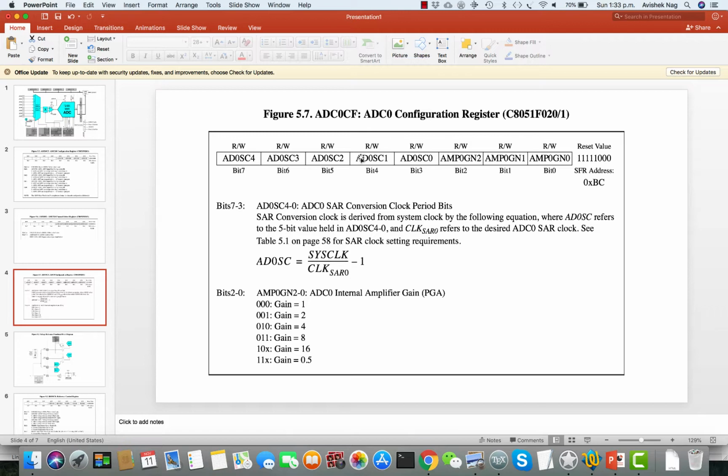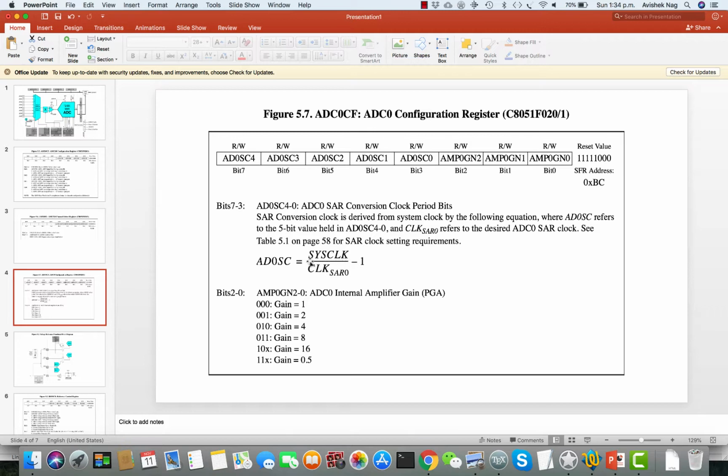And then the rest of the bits, 3 to 7, select the clock. What is the rate of the input clock that you should set for the ADC? You can see there are 5 bits from ADC0SC0 to ADC0SC4, and whatever configuration you choose for these bits, the clock rate can be given by this equation.